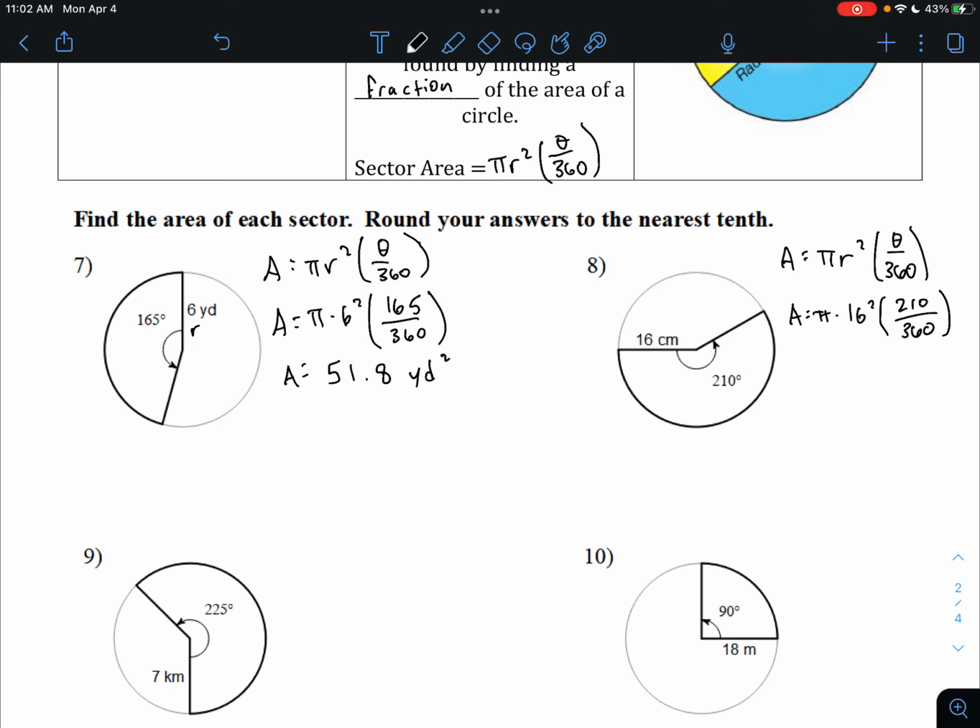Plug that into your calculator and you'll get the answer. Pause it if you're not quite done. And our area should be about 469.1 centimeters squared. We're in centimeters, and area is always squared.